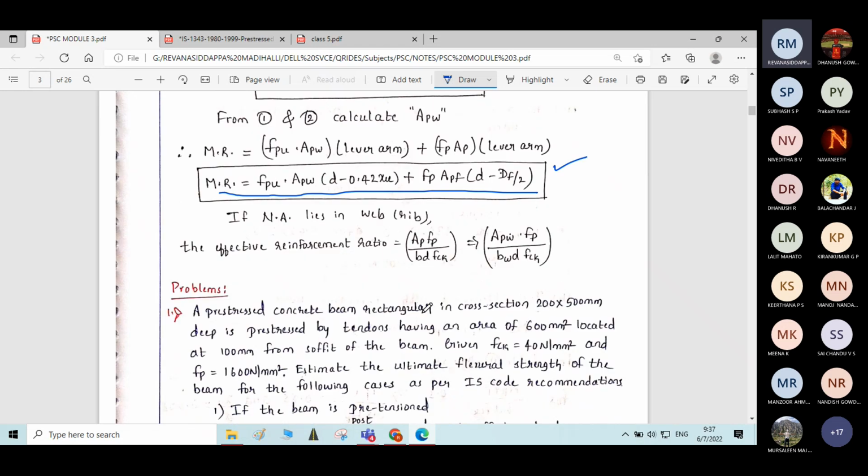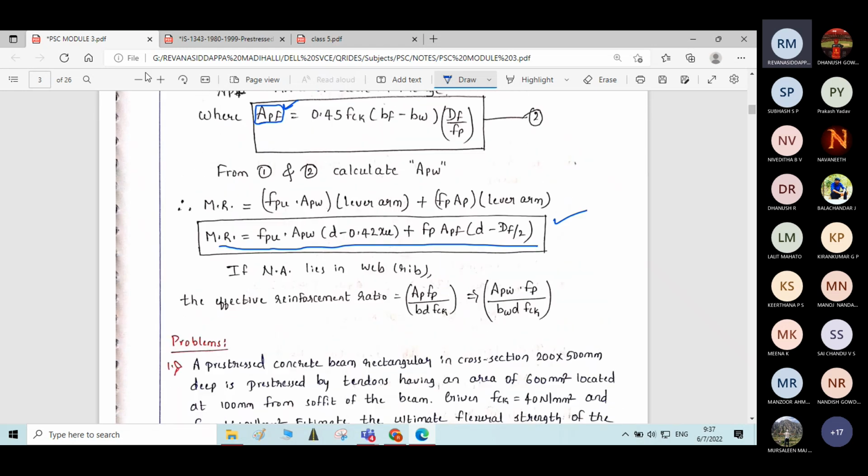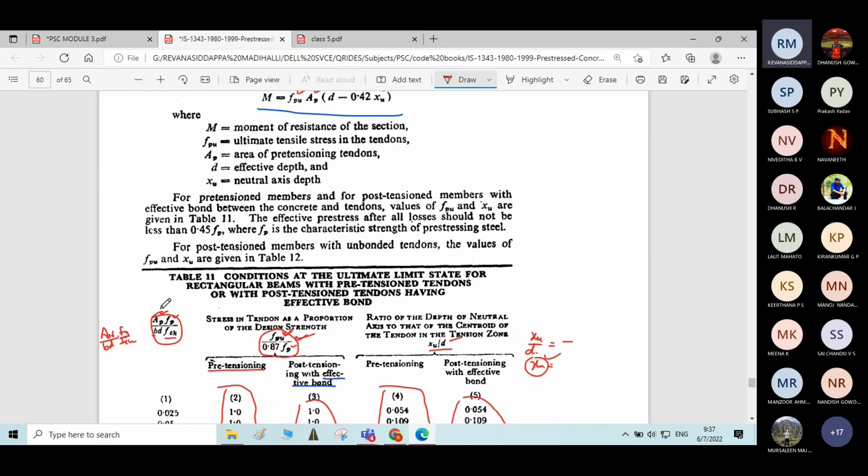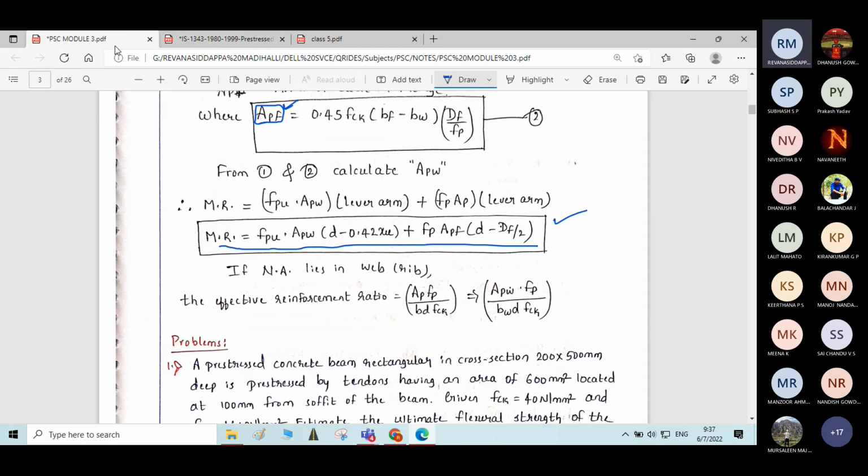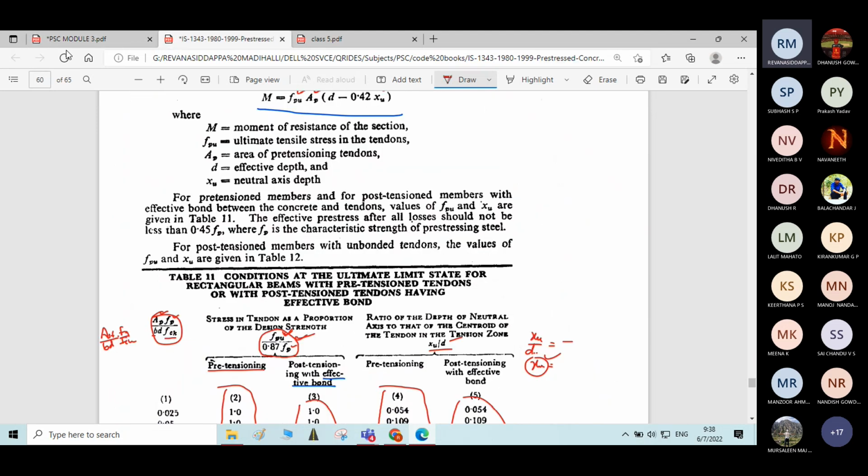Now, while finding this ratio, here AP by BD FCK, instead of taking AP by BD FCK, we will take APW by BW D into FCK. We will find this ratio. Corresponding to this ratio, we will find these values and we'll get to know about FPU and XU.